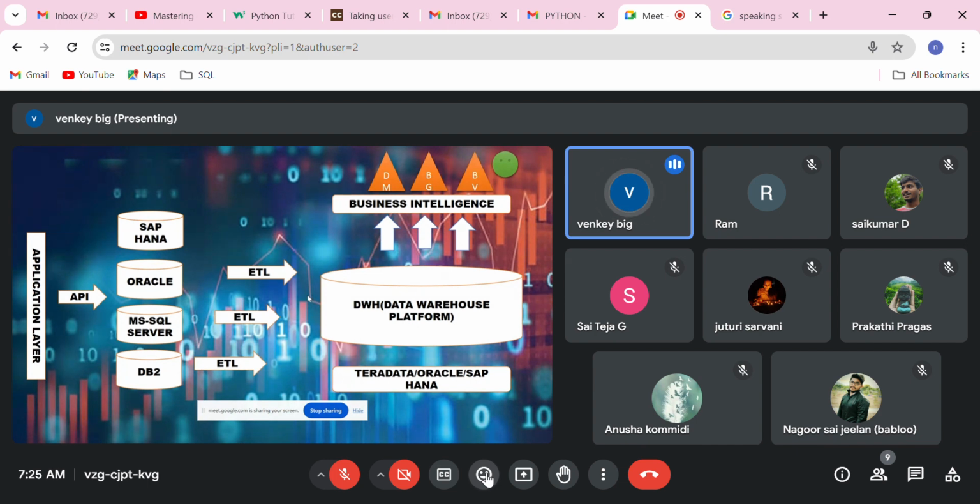Now let us understand that this entire sales data of the customers is stored in the backend database system. Forget about this slide; let us see this example. Once your sales application generates the data, it is stored in the database.